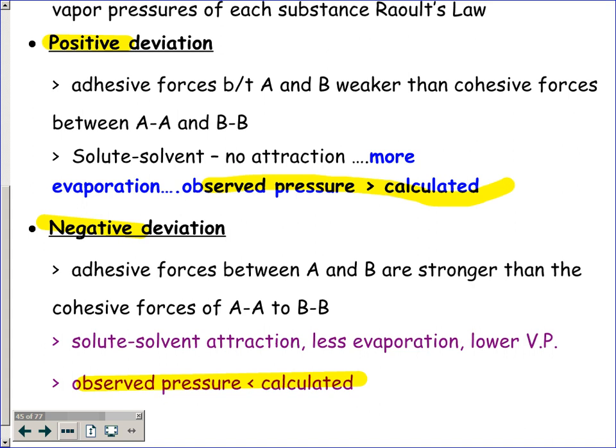So with the positive deviation, are we saying the vapor pressure is higher or lower than expected? Definitely higher, right? So the vapor pressure is higher. The only way that would happen is if there's some way the particles are almost more repulsive in solution than they were in their independent phases. So this is what this first sentence is relaying.